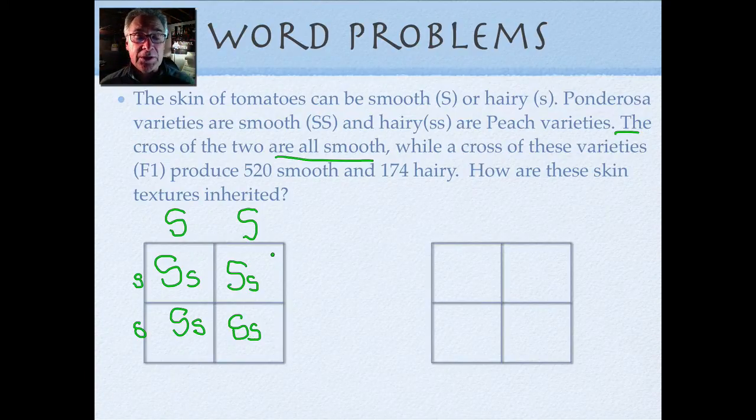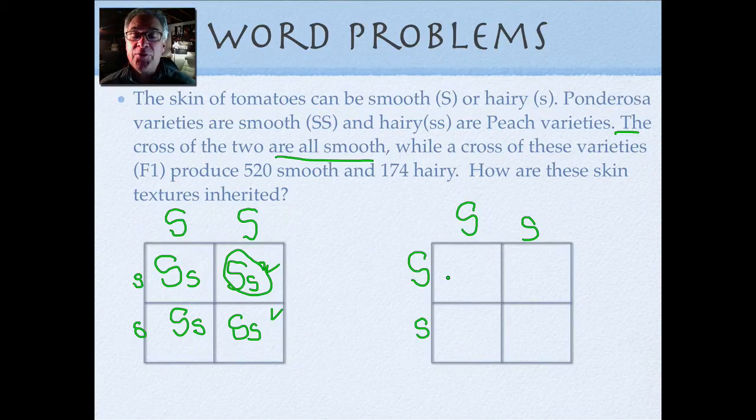But that also means that all of the offspring are going to be heterozygous. So we're going to take 2 of these and cross them. So what are the gametes possible right here? Well, it's going to be big S, little s. Big S, little s.